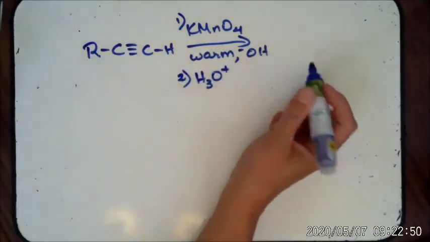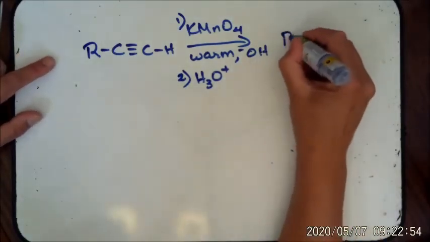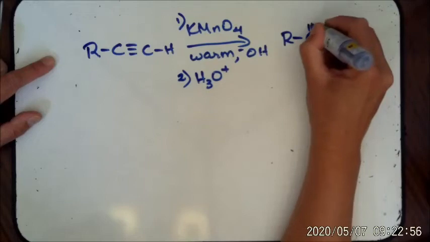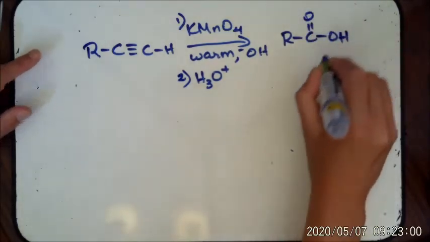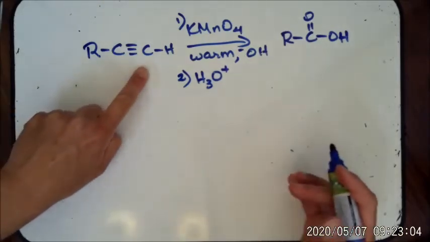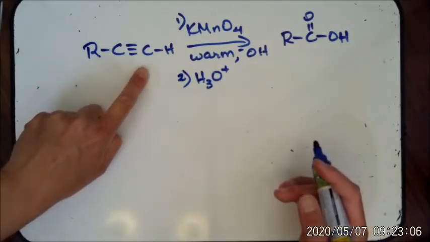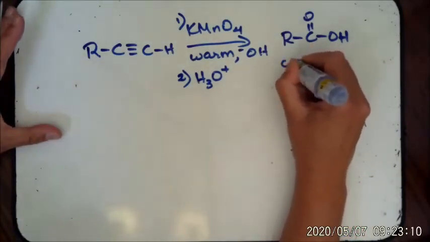Obviously not at the same time, they'll just neutralize, right? So what happens is you cleave it. In this first one, you're going to form the carboxylic acid. The second one, you first form formic acid, but it continues to oxidize.